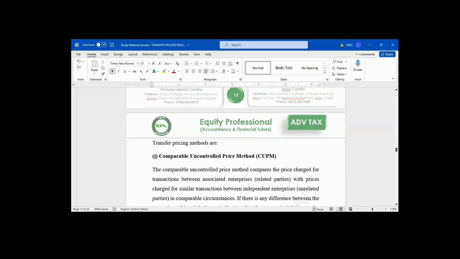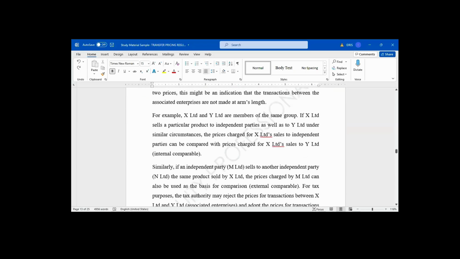They do not belong to the same group of companies. So in comparable uncontrolled price, anytime you want to charge a price, you should think as if the transaction were taking place between unrelated parties. The same transaction that you want to deal with in a related party, if it were to take place between unrelated parties, what will be the price? That is comparable uncontrolled price.